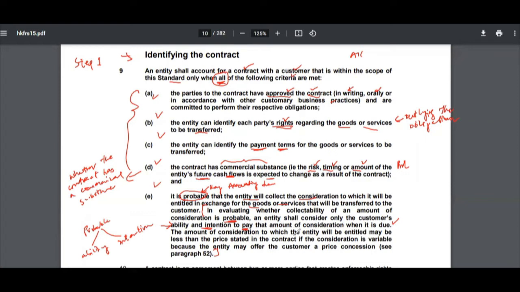Then the amount of consideration to which the entity will be entitled may be less than the price stated in the contract. So this last part is basically talking about discount, right? So it's not necessary that the company will receive. So let's say it's a $100 transaction. The company is expected to receive $100, but the company can give you a $5 discount, right?